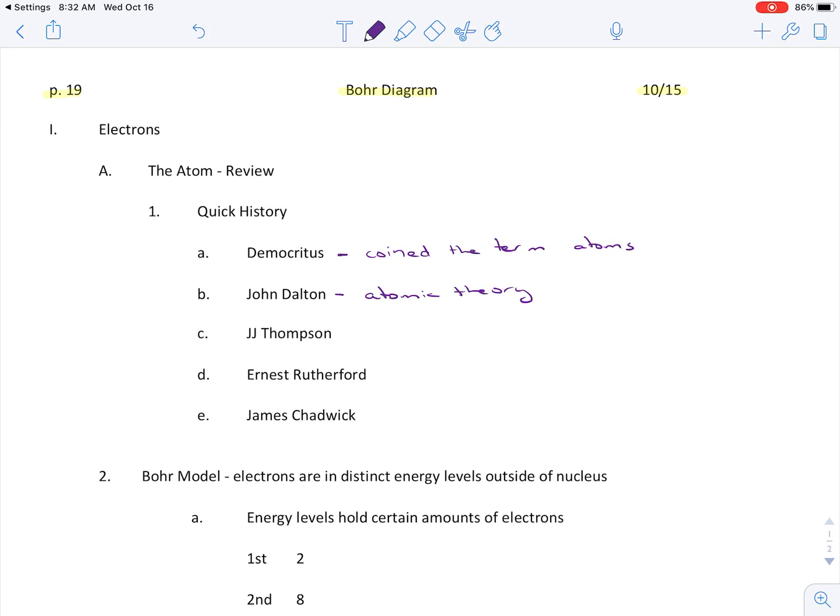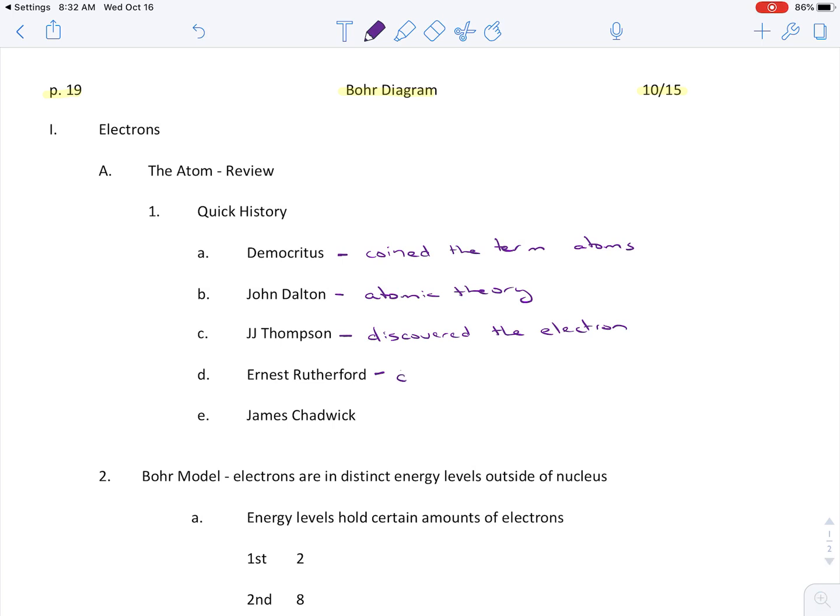J.J. Thomson, if you remember, he discovered the electron. And he discovered the electron by using a cathode ray or cathode tube and shot beta particles through and saw how much it bent and realized that it was 1/2000th of a hydrogen atom, so he knew he was onto something.